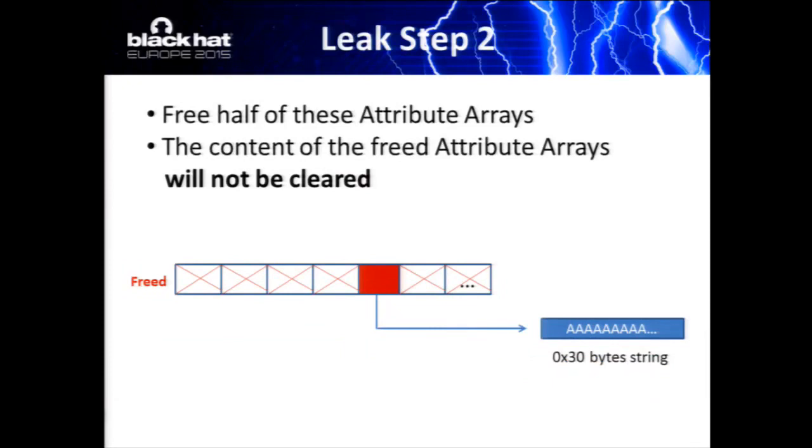Then we free half of these attribute arrays. Because of the implementation, the content of the freed attribute arrays will not be cleared, will not be set to 0. We hope to control the uninitialized C attribute array with one of these freed attribute arrays.